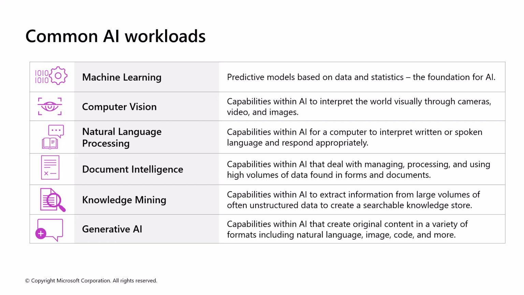Now the next is document intelligence. Document intelligence is an area of AI that deals with managing, processing, and using high volumes of a variety of data found in forms and documents.